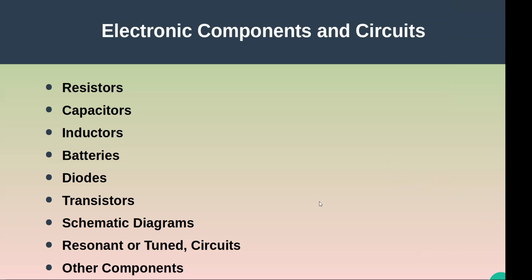Okay, so we're going to talk about physical devices that represent resistance, and then talk about new things, capacitors and inductors, batteries, semiconductor devices, diodes and transistors, get into schematic diagrams and some resonant and tuned circuits, and then some other components like relays and optocouplers and things like that.